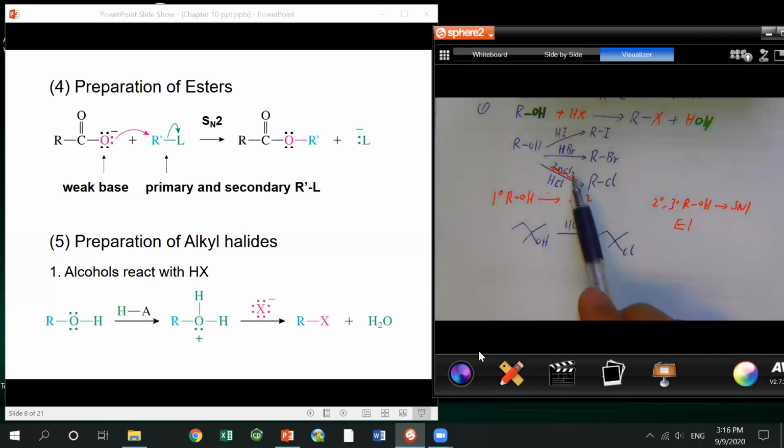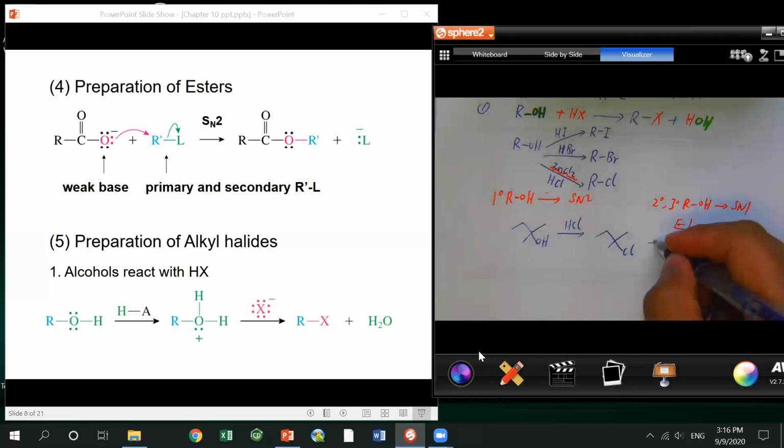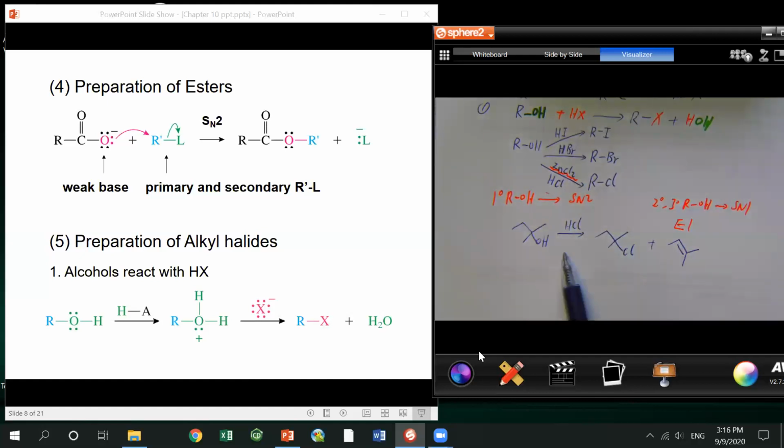Zinc chloride is normally used for primary alcohols. In the handout I also told you that generally there is an alkene byproduct. The reason is that this is an SN1 reaction, so you generally also get the E1 product. That ties in with this week's lab.